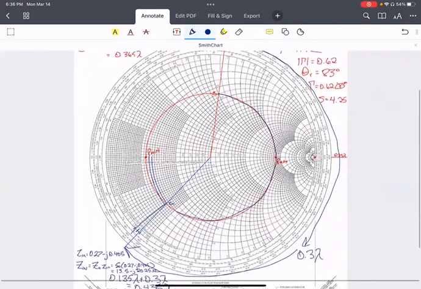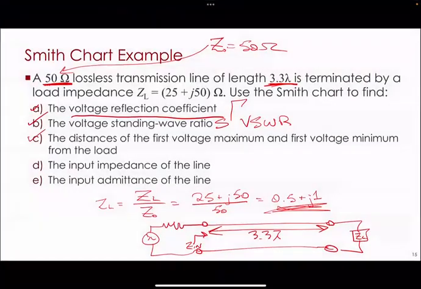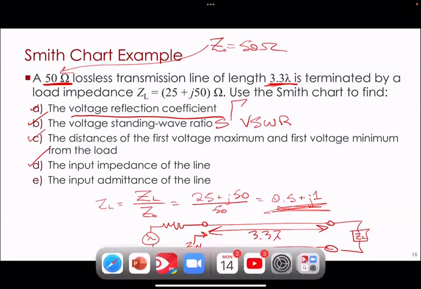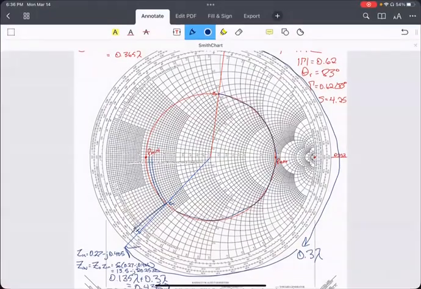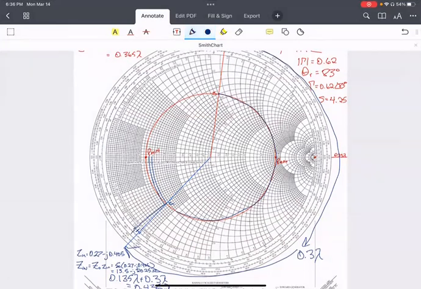We have one more part to go. We have done the input impedance of the line. We need to do the input admittance of the line. We talked about this at the beginning and I said it was easy, but then gave some ugly formulas for it. But then I said, it's on the opposite side, right? You just continue the line through.